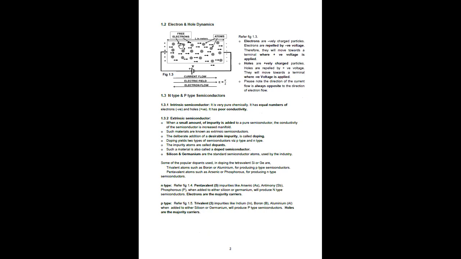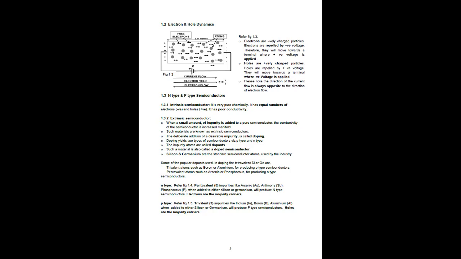Here is figure 1.3. These are the atoms, and the arrow shows the free electrons. The electrons are negatively charged particles and these electrons are repelled by the negative voltage, therefore they will move towards a terminal where positive voltage is applied.